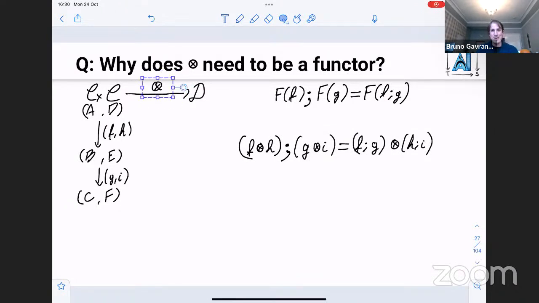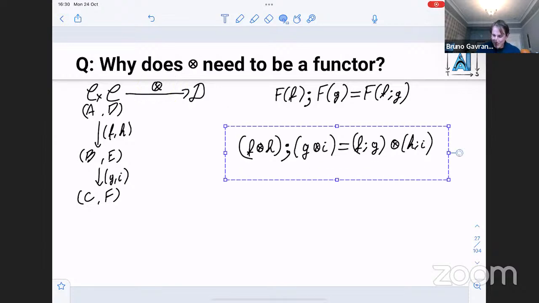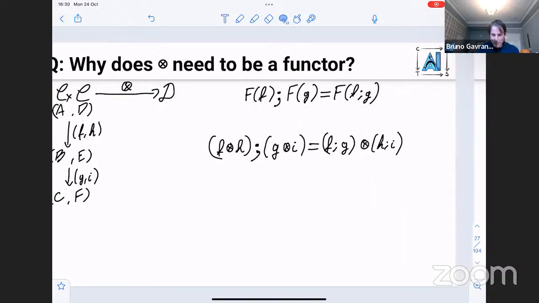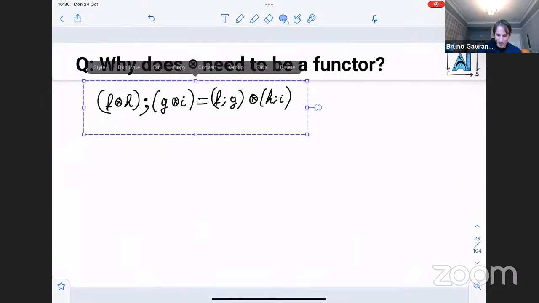So what does this equation mean when we draw it graphically? I'm going to copy it and paste it here in this slide.